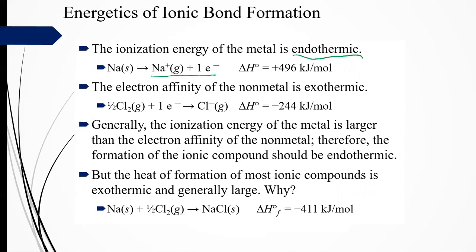When we want something to pick up an electron, especially for a nonmetal, then that can be exothermic. It can release some energy for us. Now, normally the ionization energy of the metal is larger than what we get back when we form the anion, and so the formation of an ionic compound should be endothermic. It means that it should take in energy.